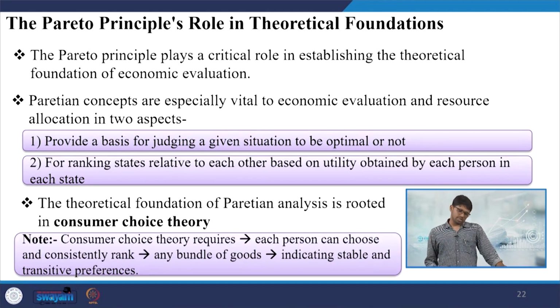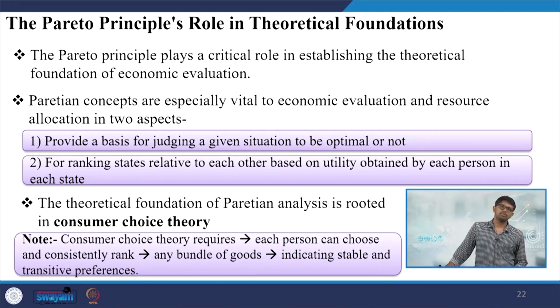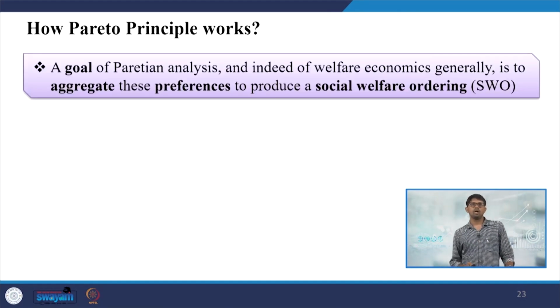Now, this theoretical foundation, that is Pareto 1, Pareto analysis, is deeply rooted in consumer choice theory, and this requires each person to choose their bundles and consistently rank those bundles of goods, which will indicate stability and even transitivity of preferences. How does the Pareto principle work? The goal of Paretian analysis, indeed of welfare economics in general, is to aggregate these preferences to produce a social welfare ordering.